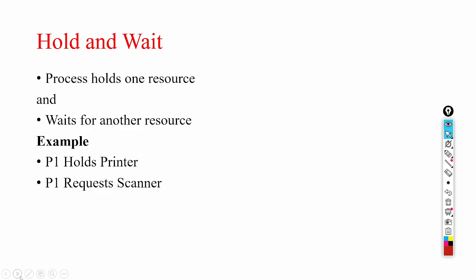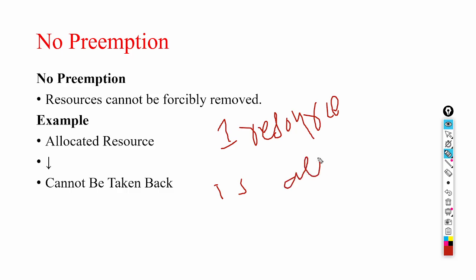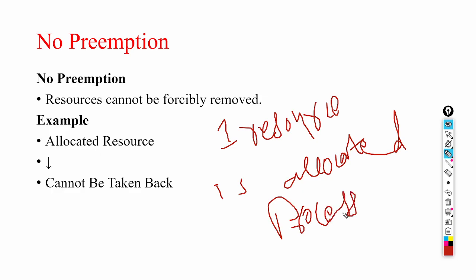What is the third condition? The third condition is no preemption. So what is no preemption? Once a resource is allocated to one process, the operating system cannot forcibly take it back; it cannot be removed forcibly.